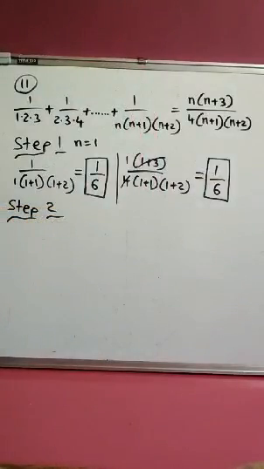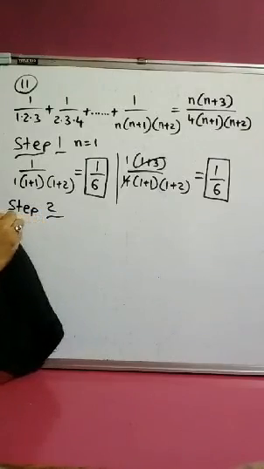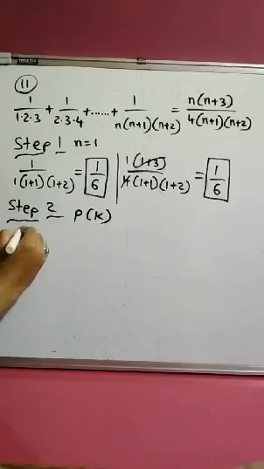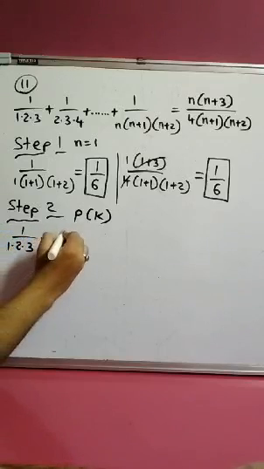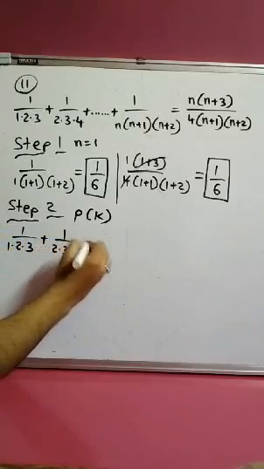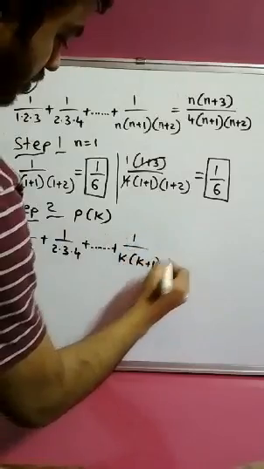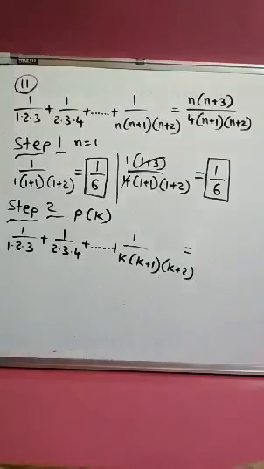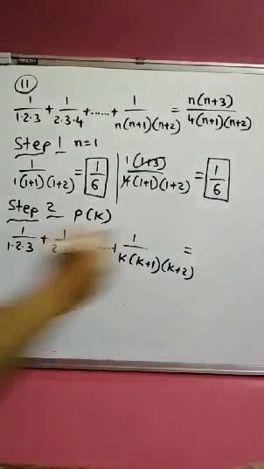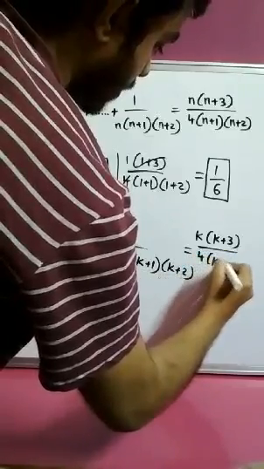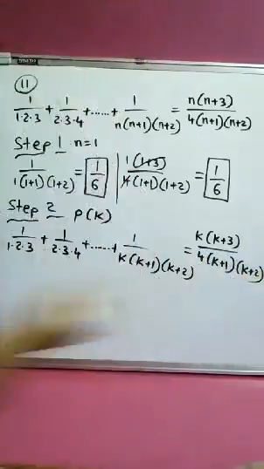Step 2. P of k: 1 into 2 into 3 plus 1 upon 2 into 3 into 4 till 1 upon k into (k plus 1) into (k plus 2) is equal to k into (k plus 3) by 4 into (k plus 1) into (k plus 2).